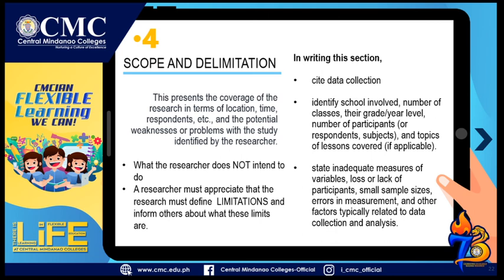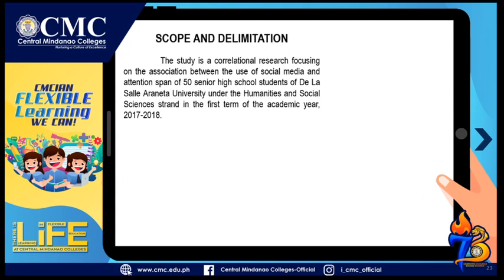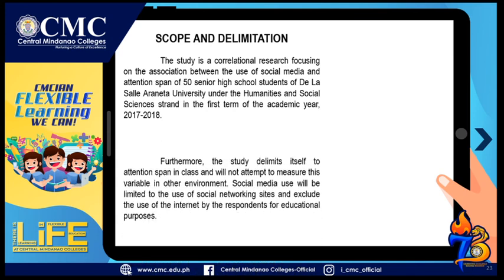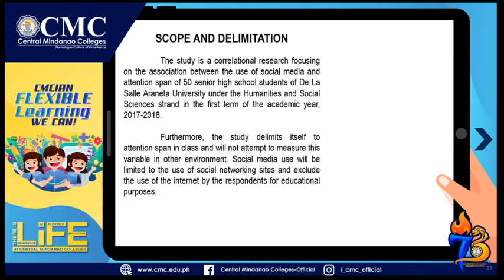State inadequate measures of variable, loss or lack of participants, small sample size, errors in measurements, and other factors typically related to the data collection and analysis. Scope and delimitation, example: the study is a correlation research focusing on the association between the use of social media and attention span of 50 senior high school students of De La Salle Araneta University under the Humanities and Social Sciences strands in the first term of the academic year 2017-2018.